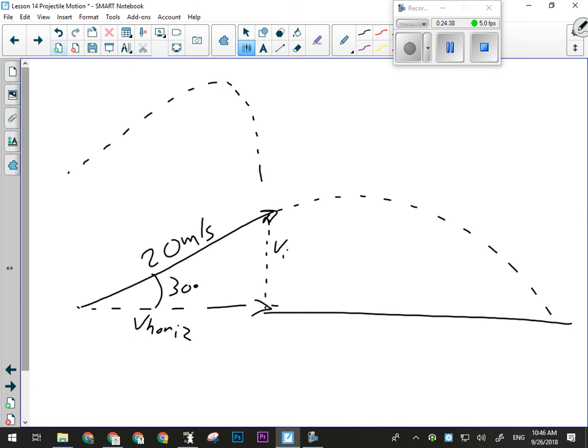Why does in the real world the arc look more like that? A little bit because of spin, but if I was actually able to throw something without it spinning, really all that's causing it to slow down horizontally is air resistance. Air resistance slows down the horizontal part, but not the vertical part.